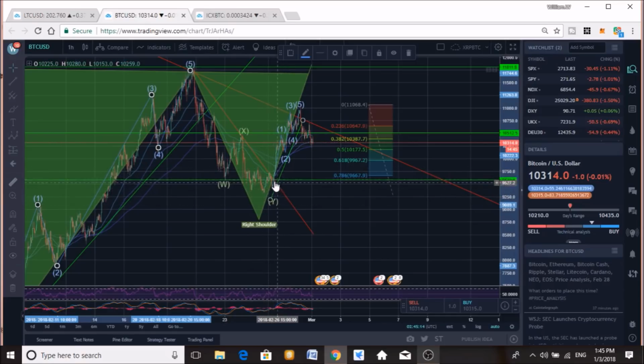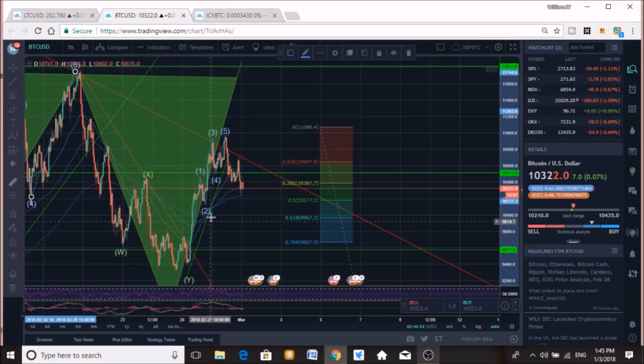Of course, there will be a different scenario here. If the price didn't get pumped, when we come down, this WXY will turn into a WXYXZ. But as we can see here, we did get a huge buying volume, and this created another impulse wave of 1, 2, 3, 4, 5.